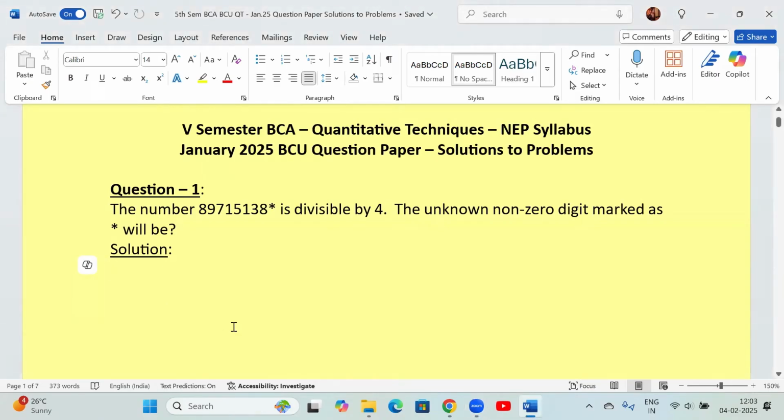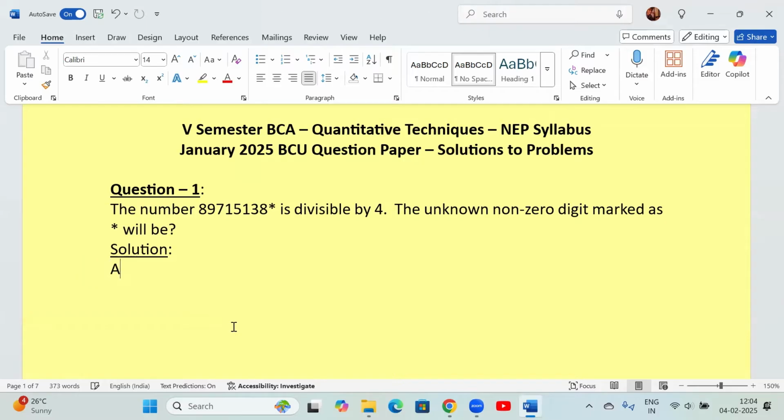The number 89715138 star is divisible by 4. The unknown non-zero digit marked as star will be what?